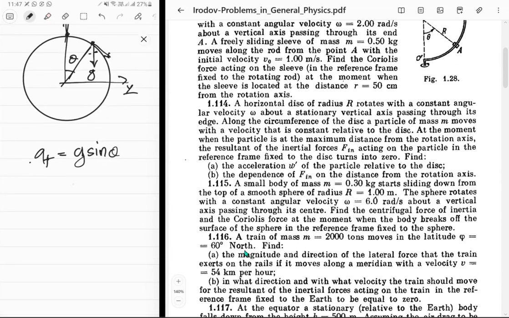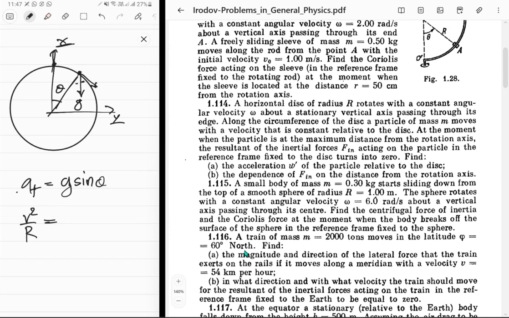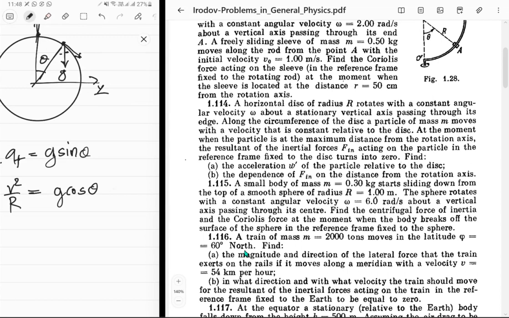Do you know the centripetal acceleration? So v squared upon r. Here v is just the tangential velocity, which is always tangential anyway. So v squared upon r is equal to the gravity acceleration, g cosine theta, minus the normal force upon the mass.